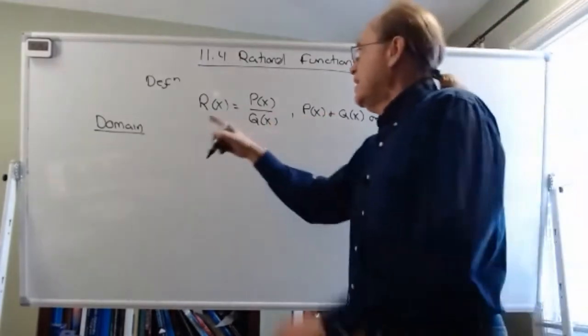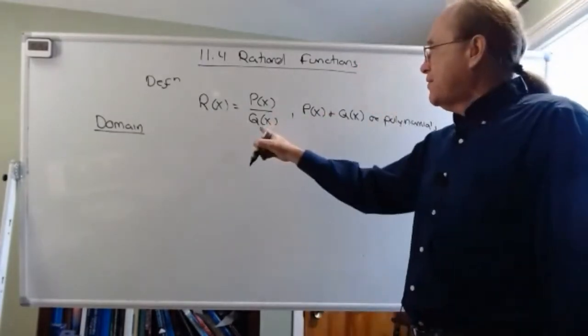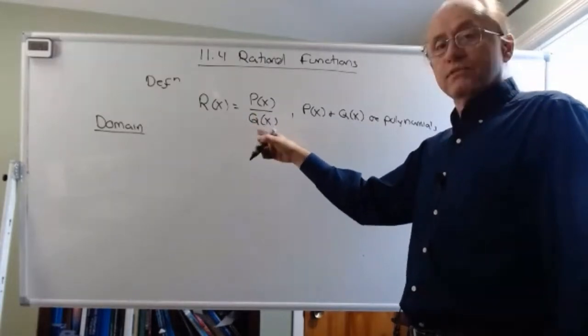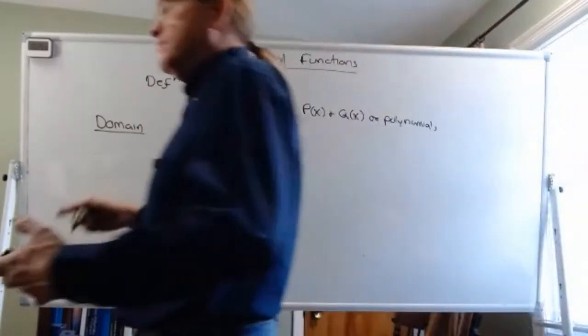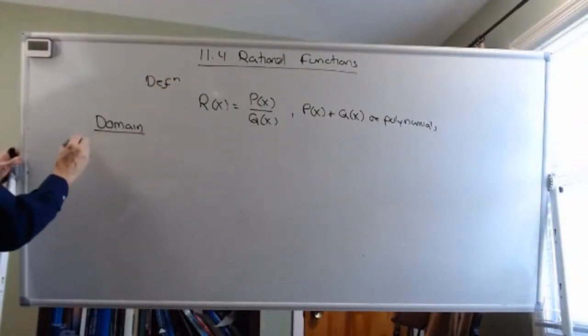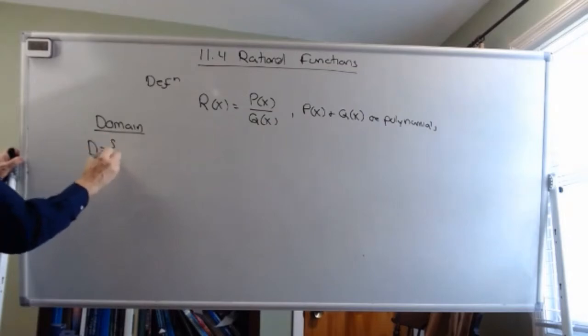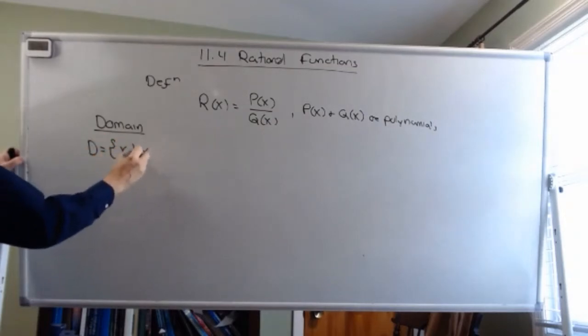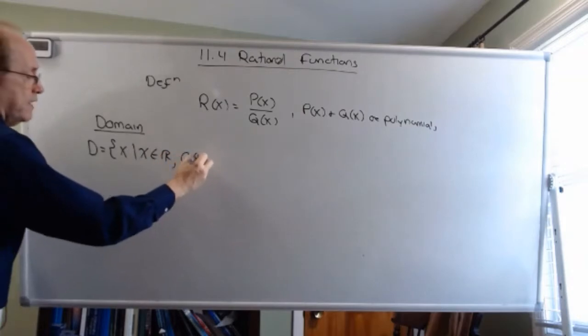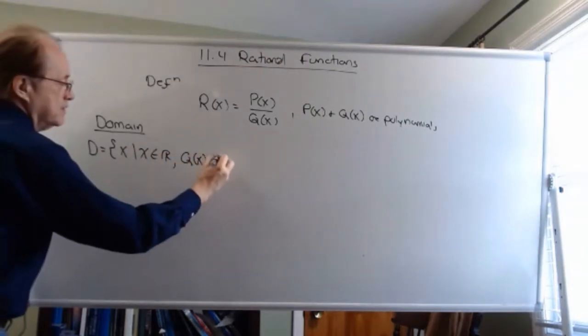It's going to be very simple. Any value will work other than if I end up with a 0 of the polynomial q. Remember, we did zeros way back then. That's where it comes into play. So the domain is the set of all elements x, x is a real number, and q of x cannot equal 0.